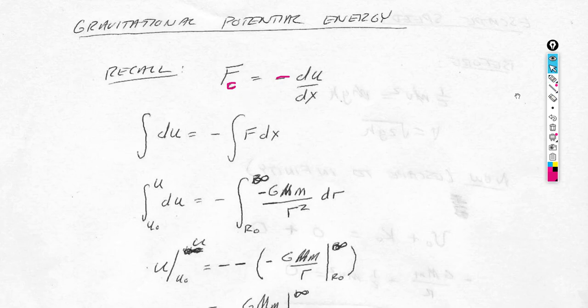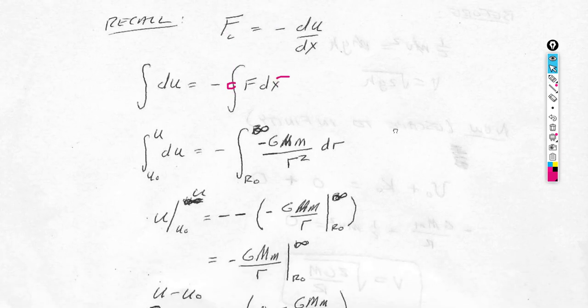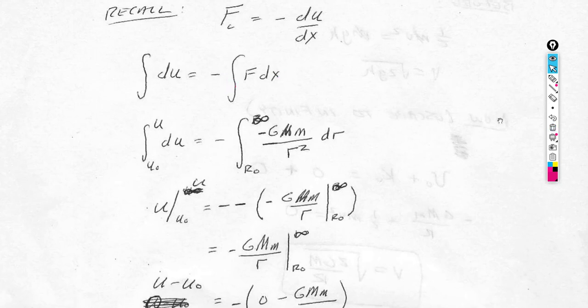So if I go through this process and separate these terms and start to integrate, I get the integral of du equals negative F dx. I'm defining my boundaries here: u initial to u, r initial to infinity. I could have put infinity on u, but I'm just going to substitute that out in a minute.